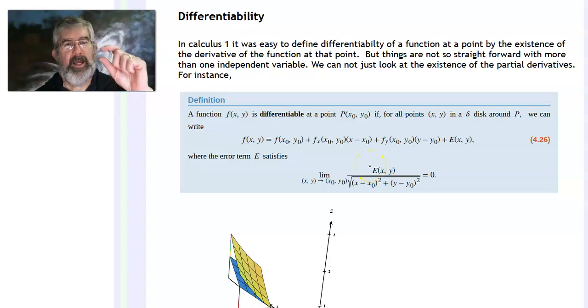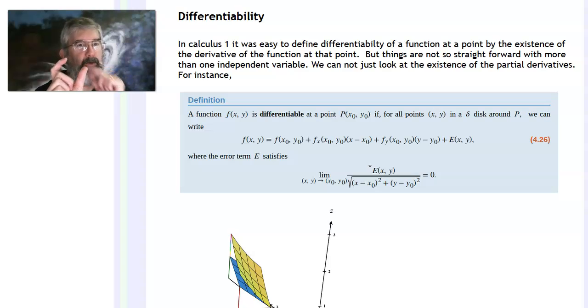So you're taking the error, which is the error in the z direction, divided by the horizontal distance that your x, y point is from your x0, y0. So then how much vertical error for the difference horizontally in the known point and the unknown point. Okay? And if that limit goes to 0, then we say that the function is differentiable.